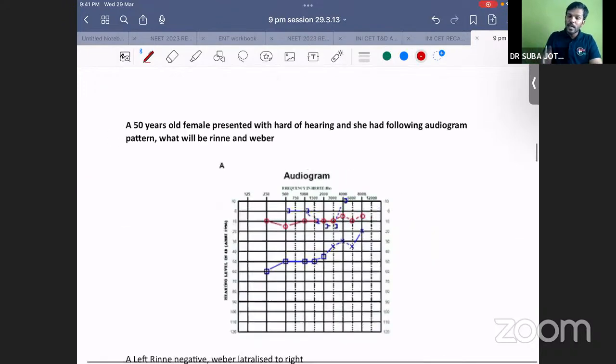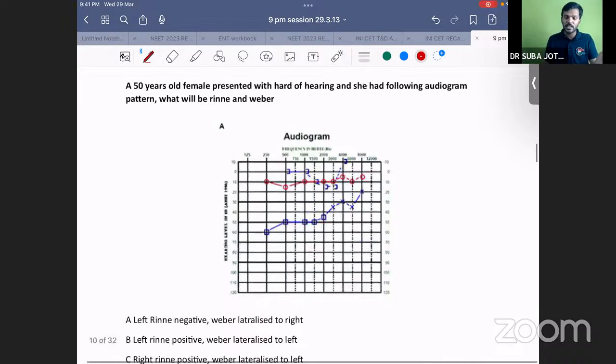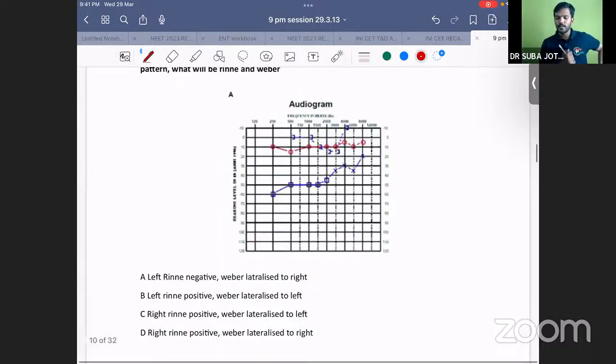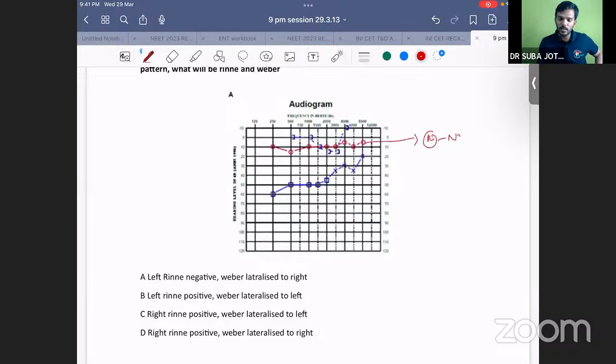So we'll finish the subjective diagnosis topic with this question which we previously discussed. A 50 year old female presents with hard of hearing, and she has the following audiogram. What will be the Rinne and Weber's answer? In this picture, the right side is normal. You just look at the left side.